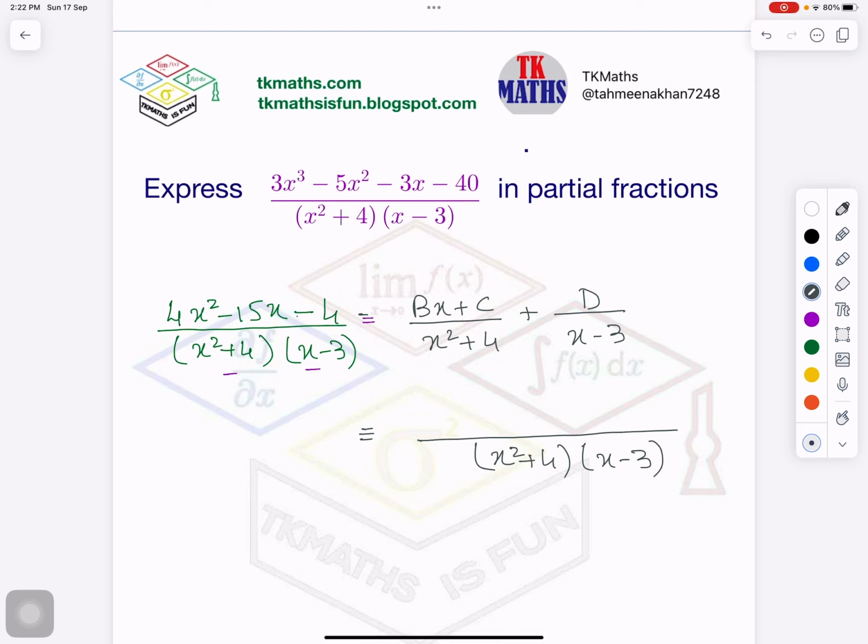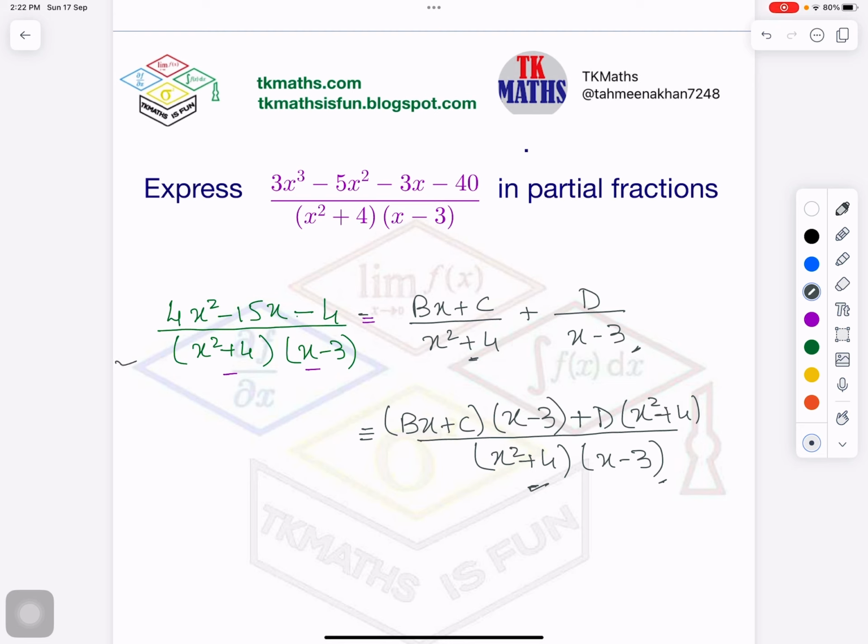Okay, I have taken the LCM. So now the numerator, which is bx plus c, will multiply by x minus 3, because this is present here, the missing part is x minus 3, and d will multiply by x square plus 4, because this part is present here. Okay, so now the left hand side I have this thing.